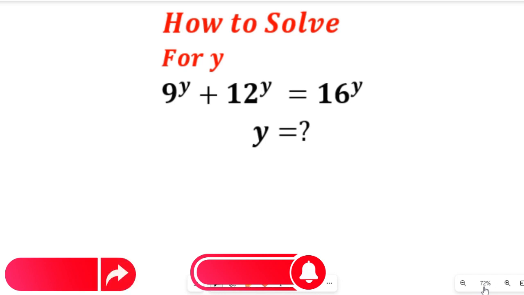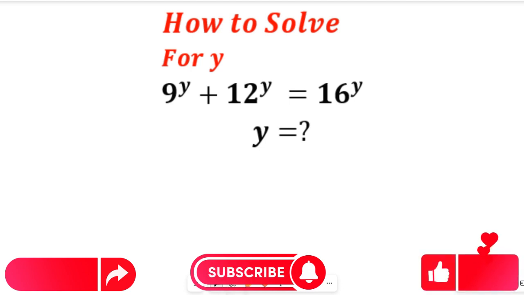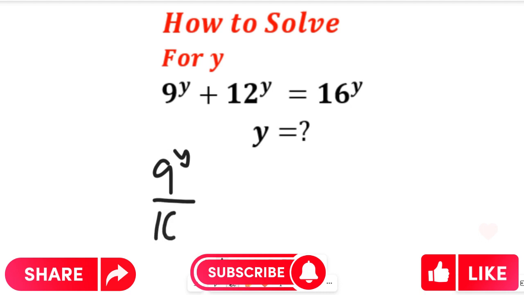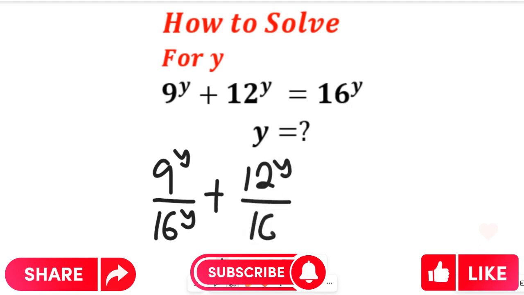Now, to solve this, let's divide all through by the value of 16 to the power of y. Now let's do that. 9 to the power of y divided by 16 to the power of y, plus 12 to the power of y divided by 16 to the power of y, will be equal to 16 to the power of y divided by 16 to the power of y.